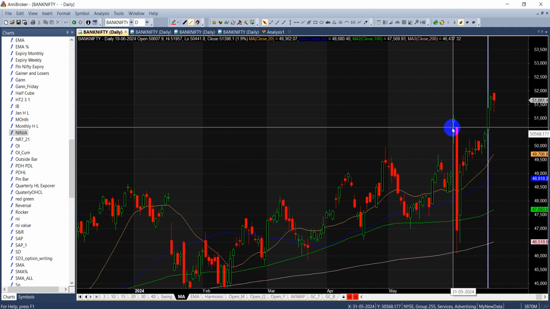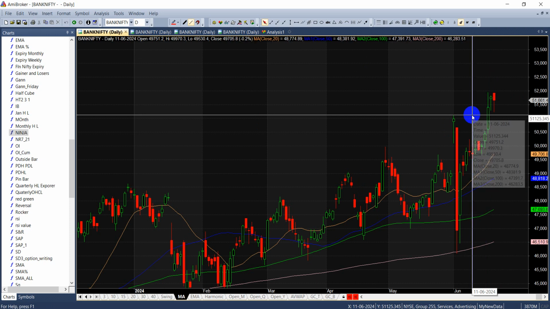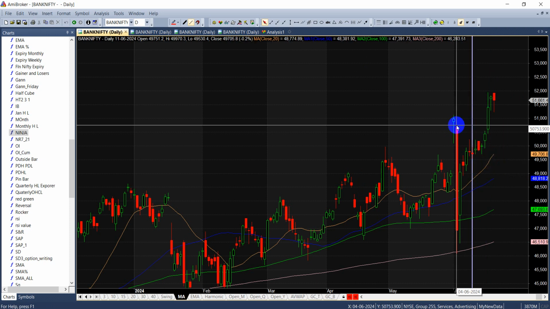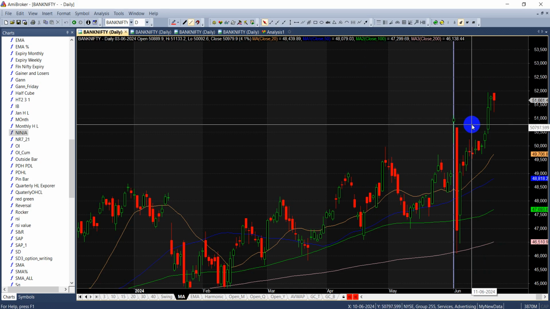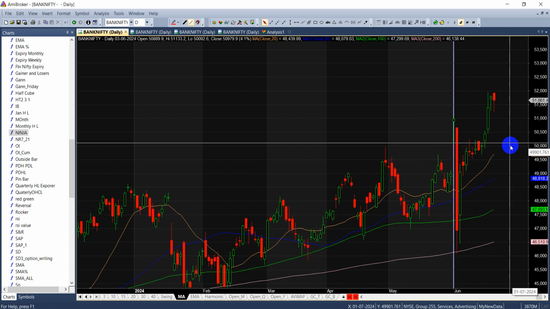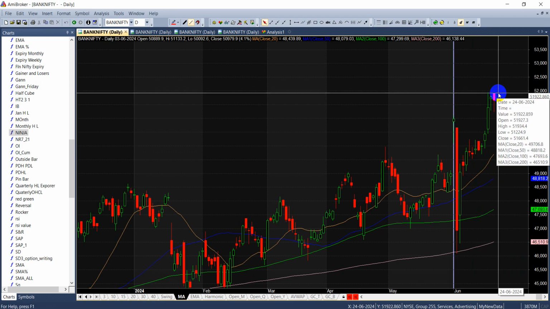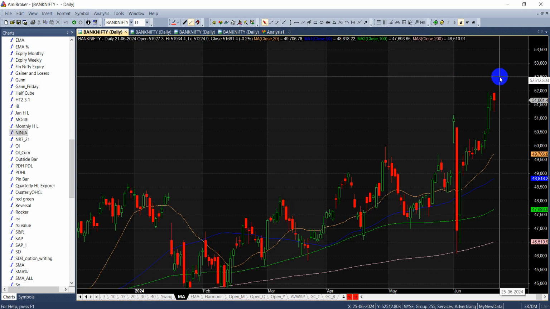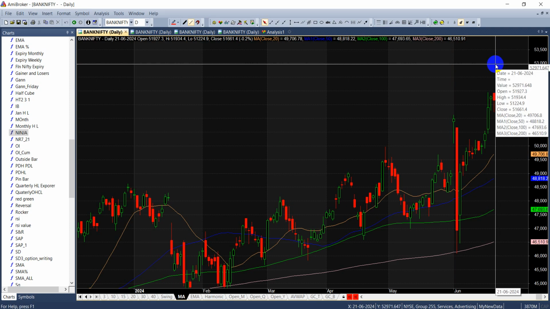A big rally came, but Bank Nifty is trying to close above this. Once it breaks this high, which is around 51,133, then we can see a fall towards the 20-day moving average around 49,706. And if this kind of double top is broken on the upside, at 51,000 to 52,000, then we can see a rally towards 52,500 to 53,000.